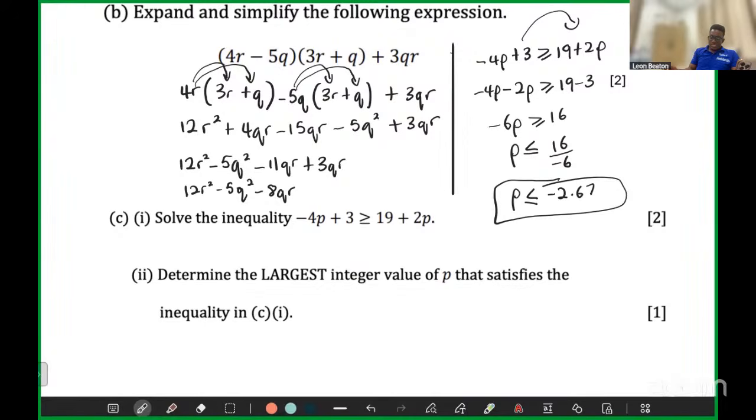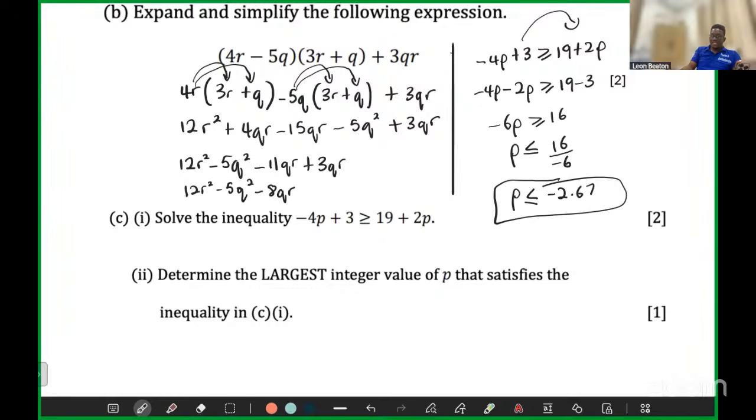So the next one says, determine the largest integer value of p that satisfies the inequality at C1. So which is this answer here, right? The largest value of p. So they told us p is less than or equal to negative 2.67.